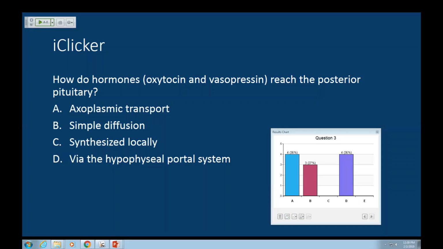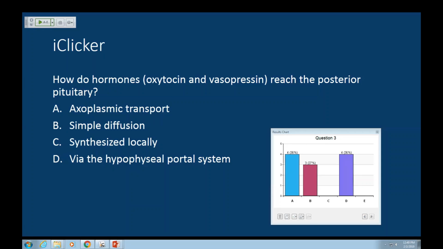They need to be packaged into rough ER and then Golgi and vesicles in order to exert their function. So all of the synthetic machinery in a neuron is going to be located in a cell body. Hormones of the posterior pituitary are going to have to be synthesized in their respective cell bodies, which are located in the hypothalamus.